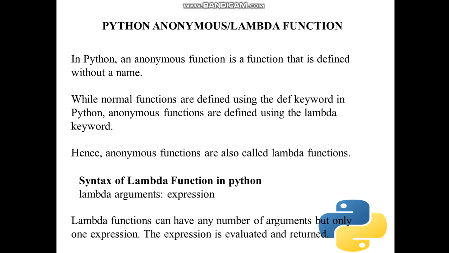Now, the syntax of a lambda function is, instead of using the def keyword, we are going to use lambda, arguments and the expression. Now see here we do not have the name of the function. We are directly using lambda and giving arguments, no name of function. A lambda function can have any number of arguments but only one expression.